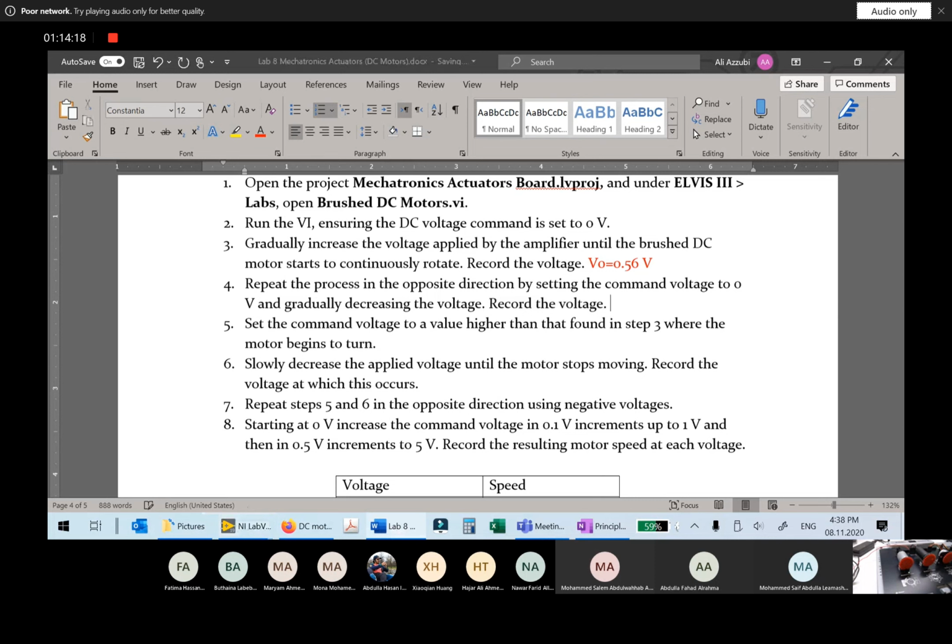This is the voltage to get the motor to start moving. 0.45. Are you following? Everyone recorded the values? Should we repeat this step?